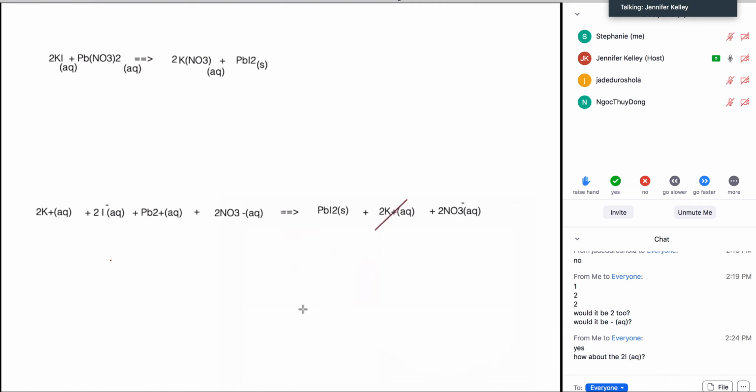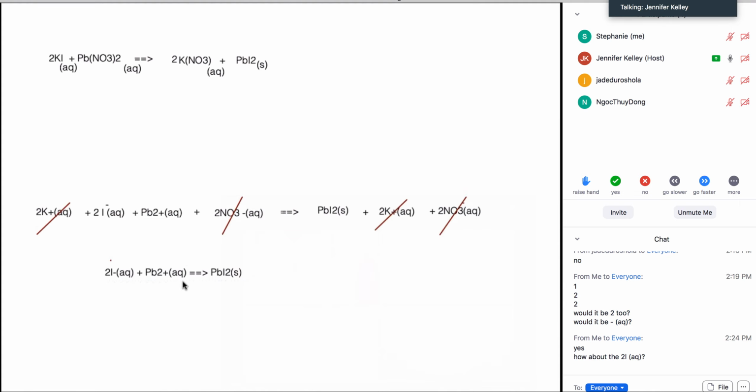So potassium over here, potassium over here, nitrate over here, nitrate over here, and then for the net ionic equation, you write whatever's left over. All right, and so that would be the net ionic equation.